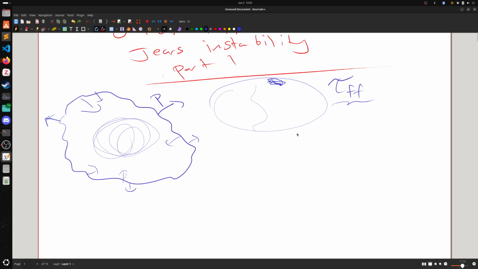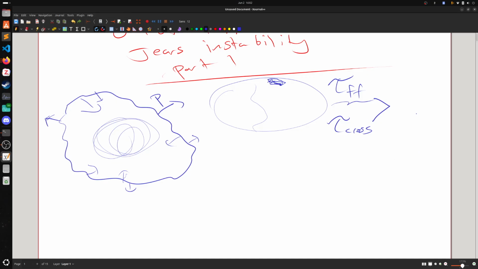It's going to want to smoothen it out, distribute it over the whole cloud. And that's given by the crossing time, right? The point where this situation is marginally stable, meaning if you make it any bigger, it's unstable, and if you make it any smaller, it is stable, is when these two timescales are equal.